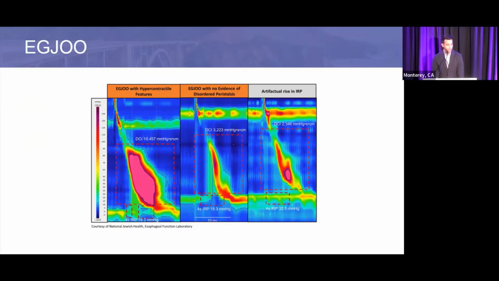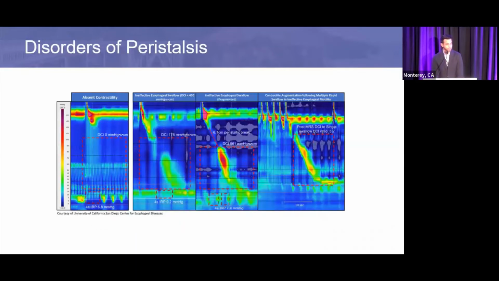And on the right, what we see is an artifactual rise, where if you actually change this patient's position, the IRP would return to normal. So that's a little bit more challenging. And again, with the newest iteration of the Chicago classification, you really want to make sure they have symptoms suggestive of this, such as chest pain or dysphagia.